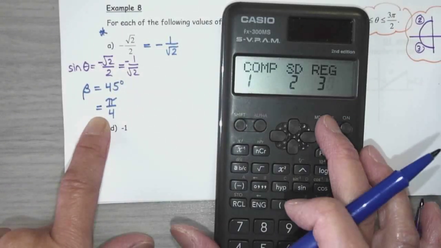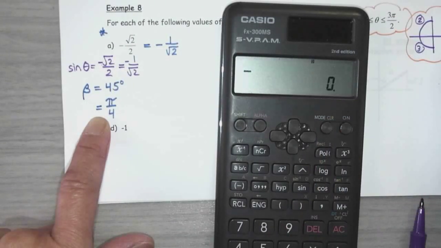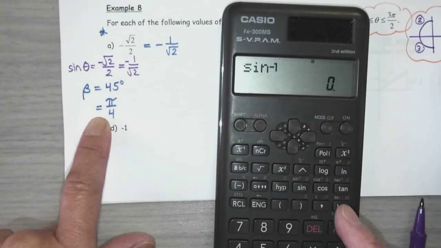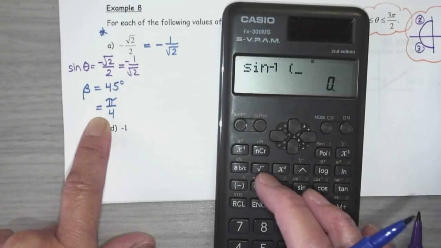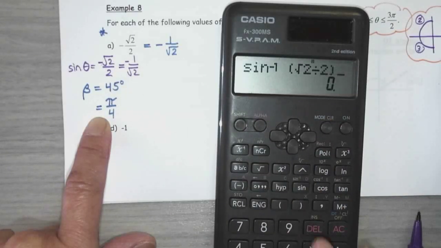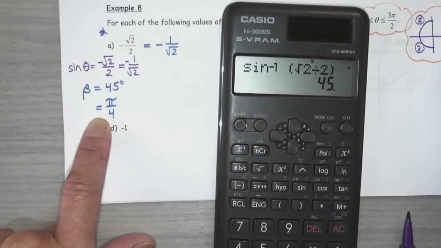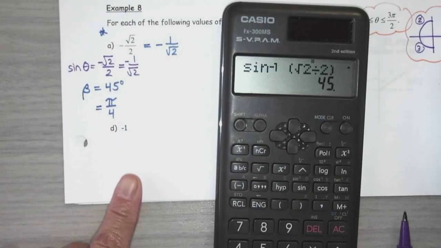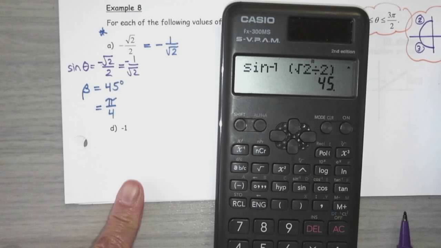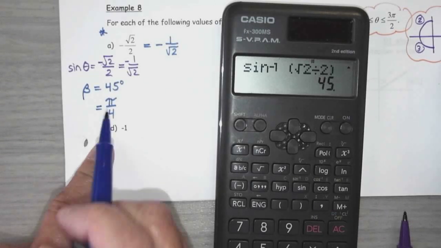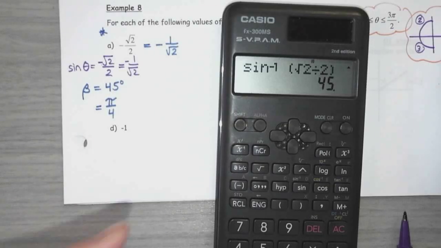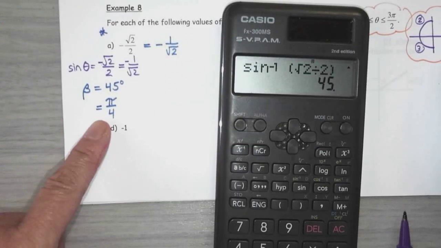But look, I'm going to switch it to degrees. Watch what happens when I do it in degrees. Shift, sine, bracket, root 2 divided by 2. I got 45 exactly. So if you're pretty sure it's an exact, a special angle, you can switch the mode to degrees, go, oh yeah, I was right, it's 45. So if you're not sure you're going to remember 1 over root 2, check it.